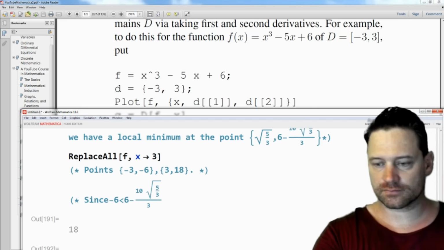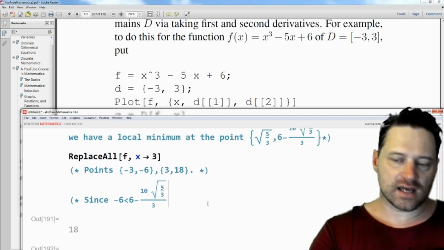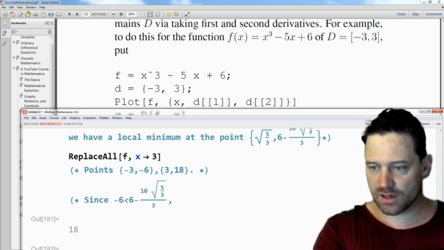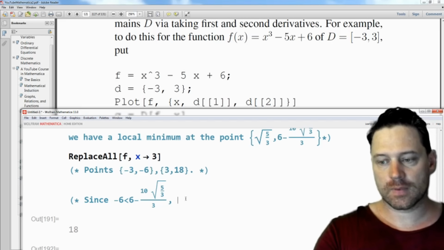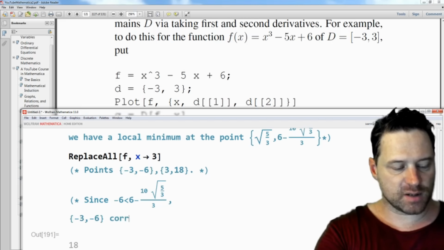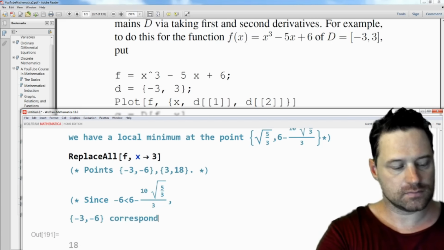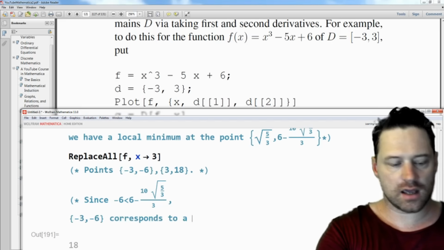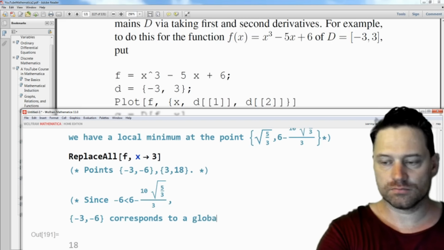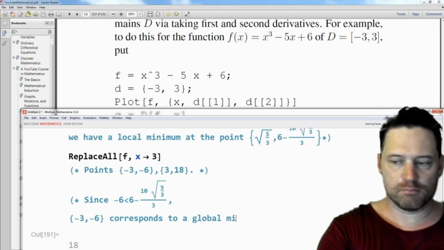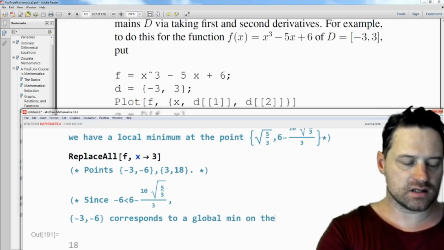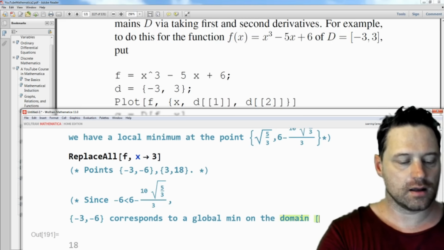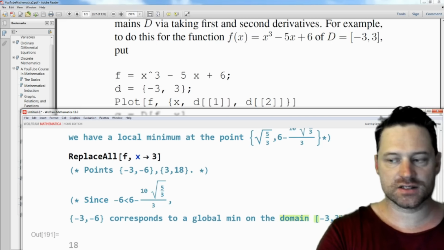Since we have minus 6 less than that other number, this point right here corresponds to a global min, I'll write min for short, on the domain minus 3 to 3.